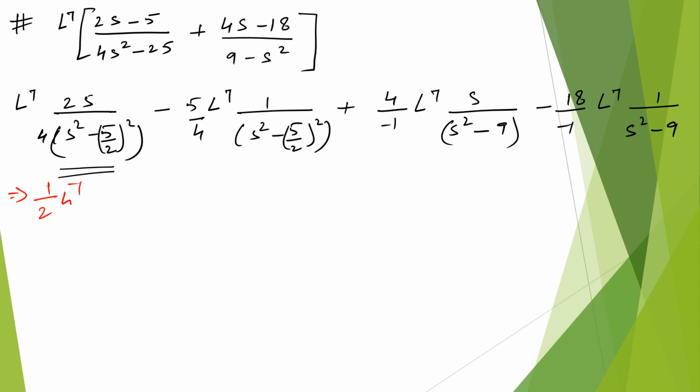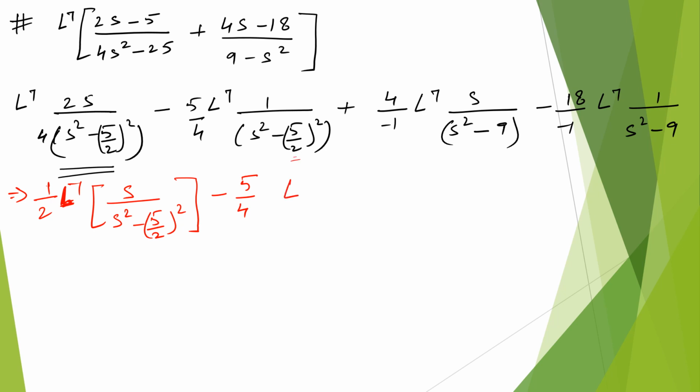So finally, to convert to the Laplace inverse formula completely, this portion is 1 by 2 Laplace inverse of s over s square minus (5 by 2) whole square, minus 5 by 4, and over here we required 5 by 2.